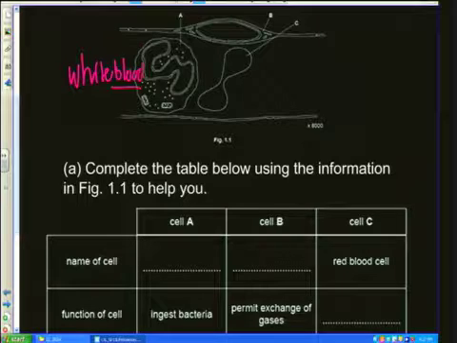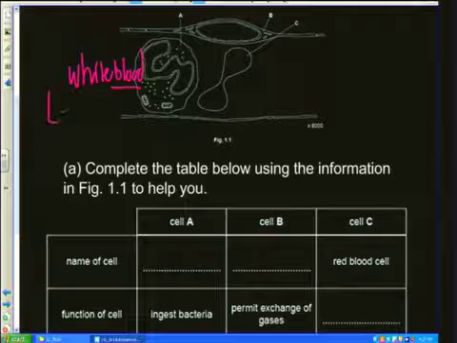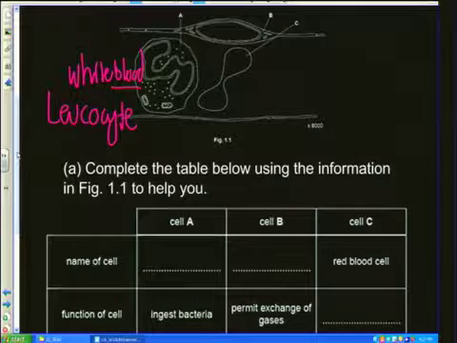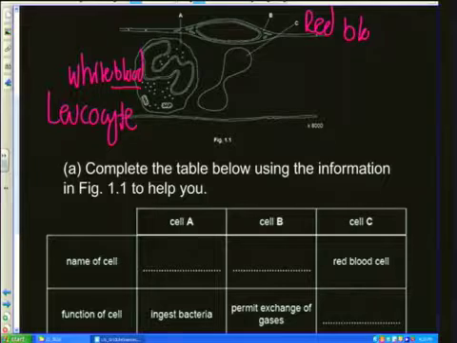Some of you are taught a white blood corpuscle, right? Another one is a leukocyte. Remember, leuko means colorless. And here, the more flexible one, as I said, because it needs to file through a capillary, that is going to be my red blood cell.